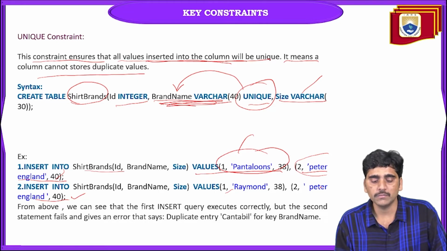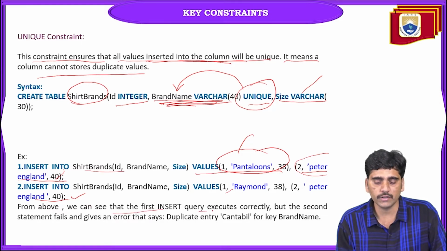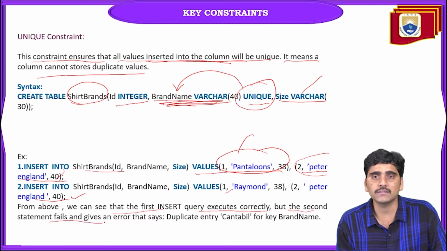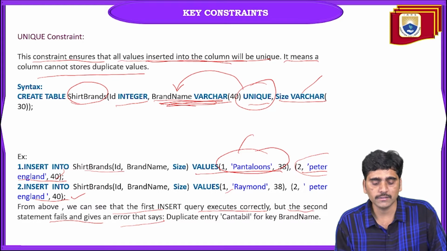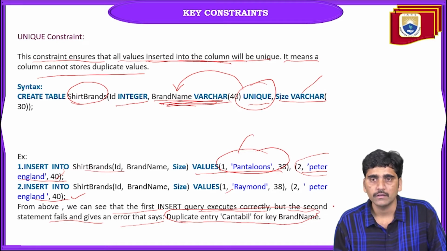But we entered duplicate values also. At that time, the first insert query executes correctly, but the second statement fails and gives an error that says duplicate entry cannot be for key brand.